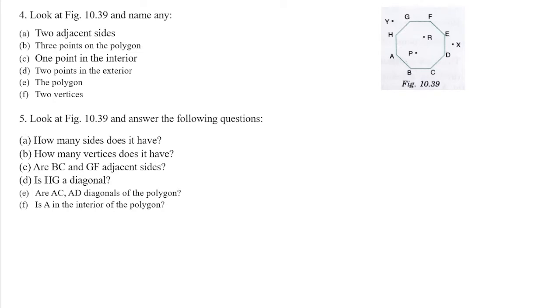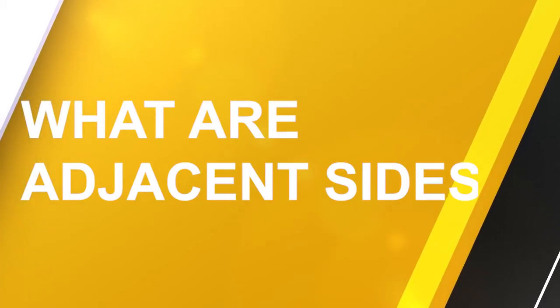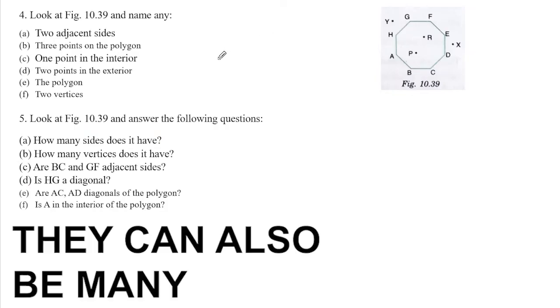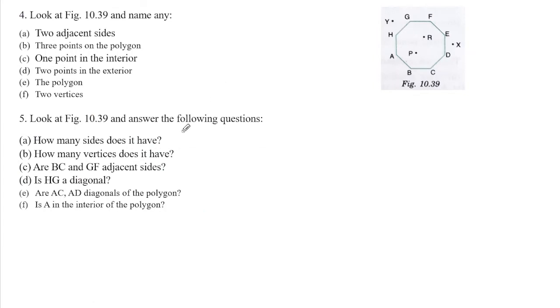So the first part: 2 adjacent sides. What are adjacent sides? Any 2 sides which are connected, beside each other, are adjacent sides.